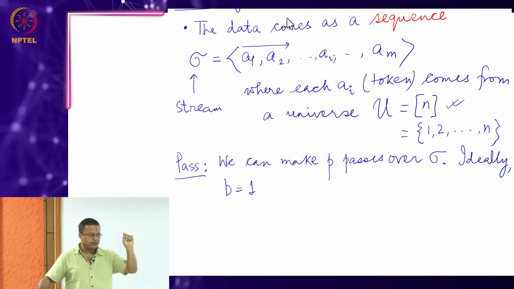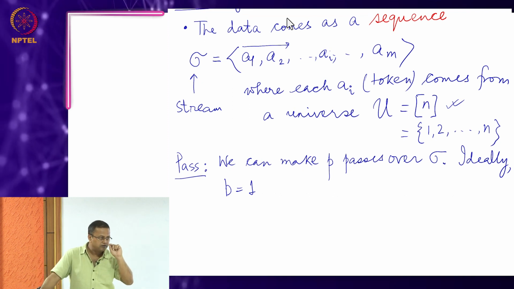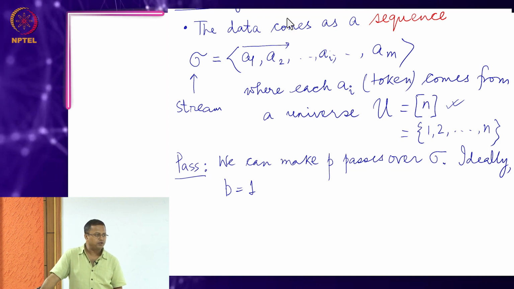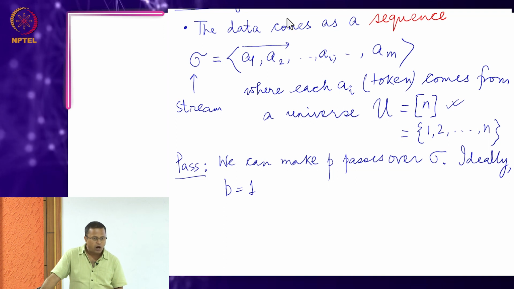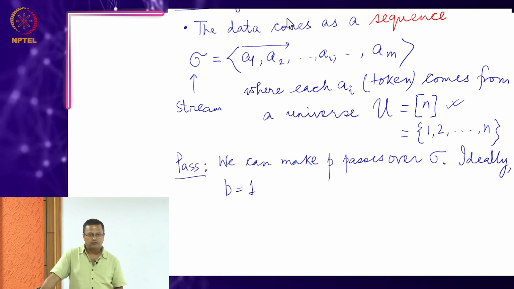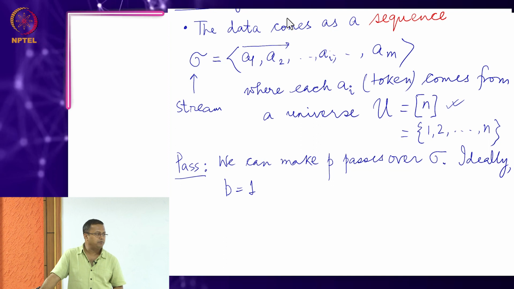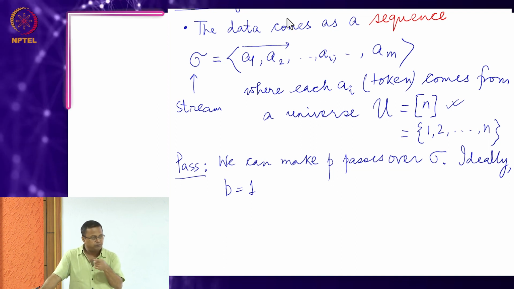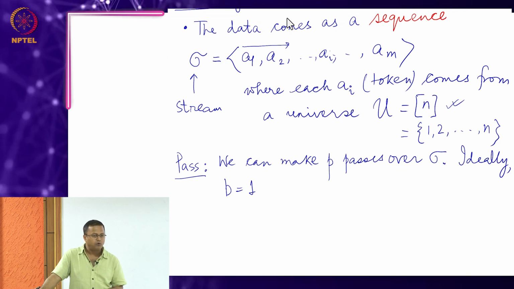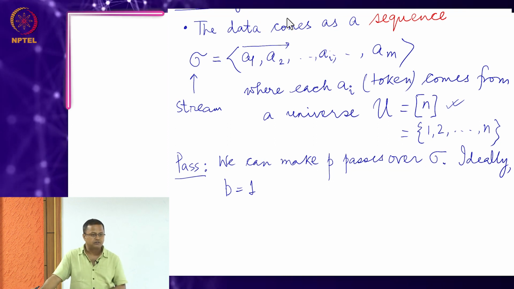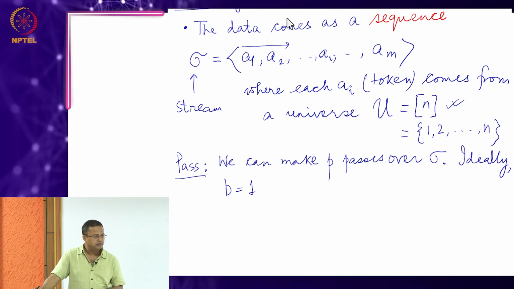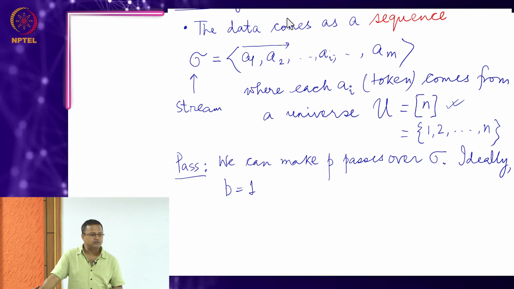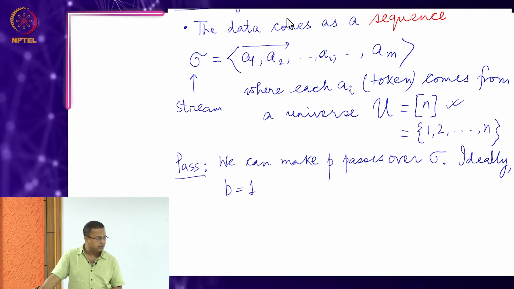Because to write the number 0 to 7 you need 3 bits, right. This binary representation all of you know. So, to count the number of elements in this stream, in a counter I need log m bits, because the stream length can be m. If I need a counter to store how many elements have gone past, then I would need a log m bit counter, and to encode each element of the universe I would need log n bits.